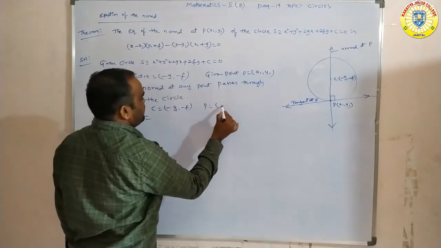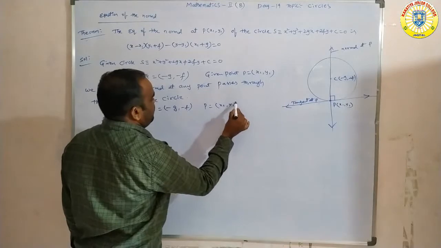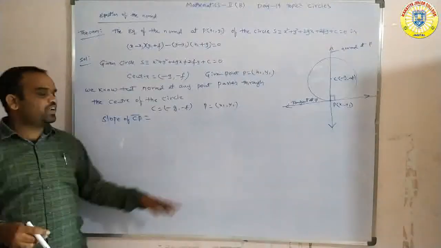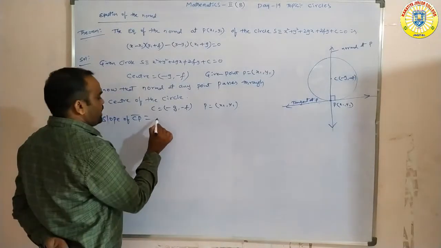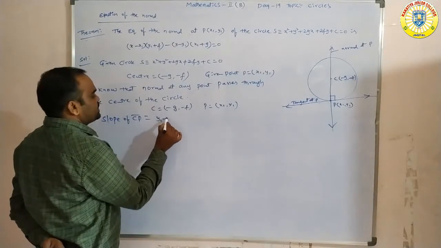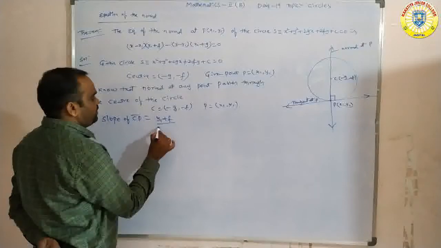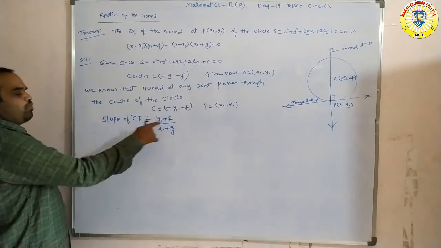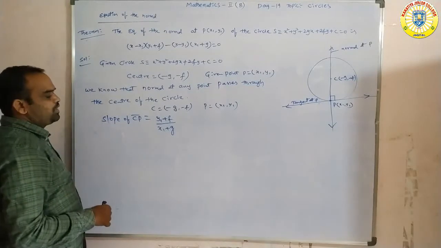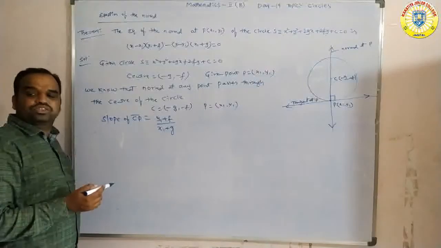The slope is the difference of the y coordinates by the difference of the x coordinates: y1 minus of minus f is y1 plus f, by x1 minus of minus g is x1 plus g. Slope of CP is y1 plus f by x1 plus g.